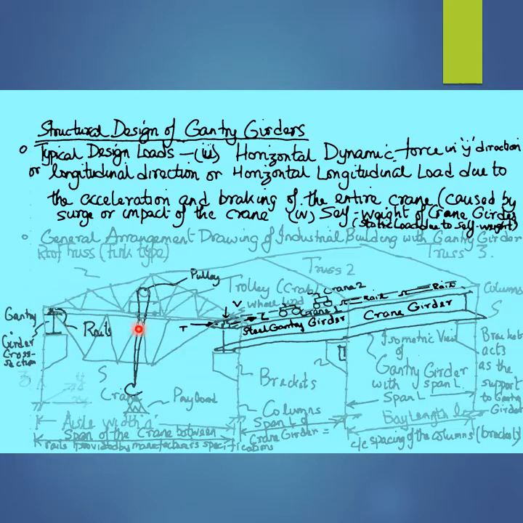For example, the fink type roof truss shown in this schematic figure, and replications of similar roof truss, for example truss 2 and truss 3 and so on and so forth, depending on the length of the industrial building structure along the longitudinal y axis.